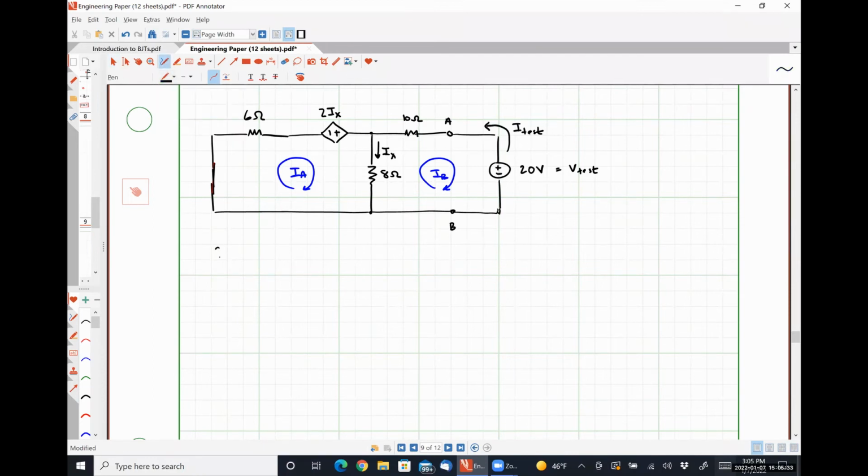We have a controlling variable. So Hayden, how am I going to express IX, the current flowing down through the 8 ohm resistor, in terms of our mesh currents IA and IB? Exactly correct.